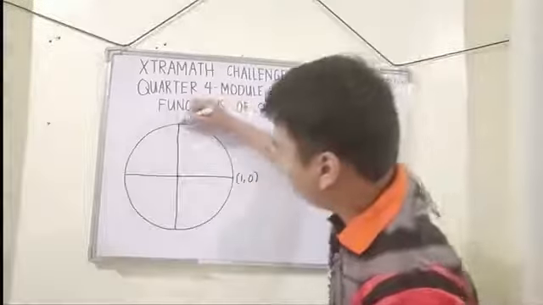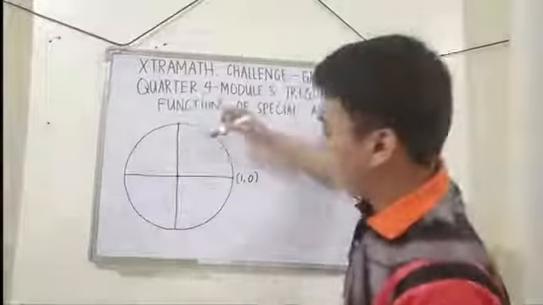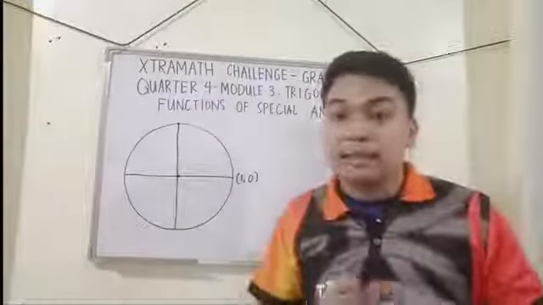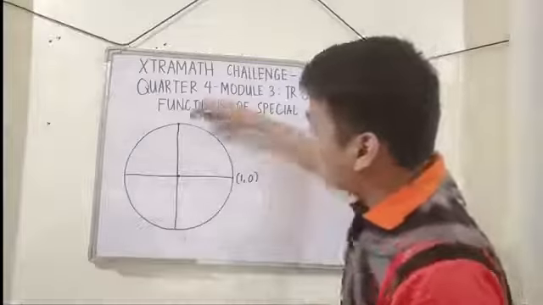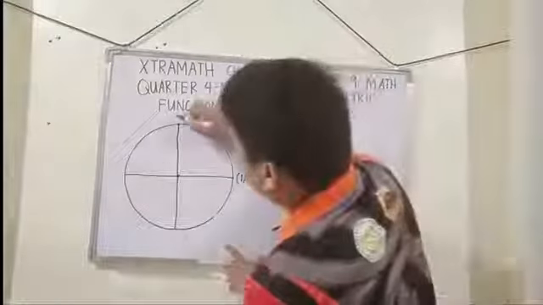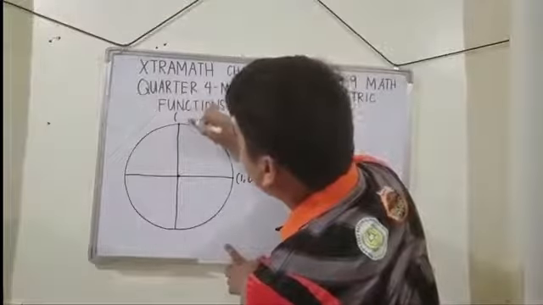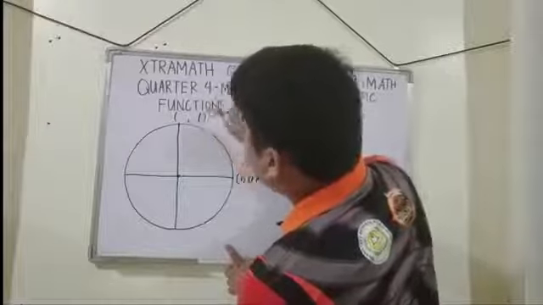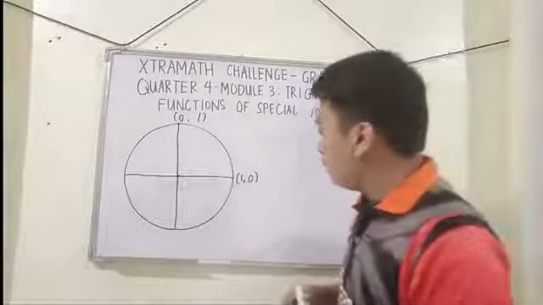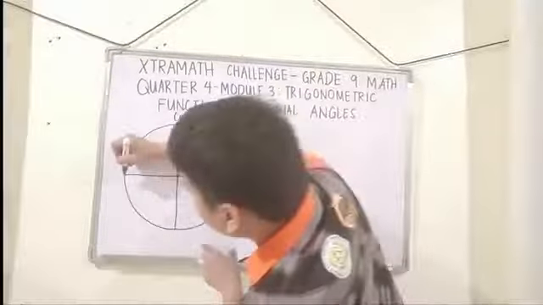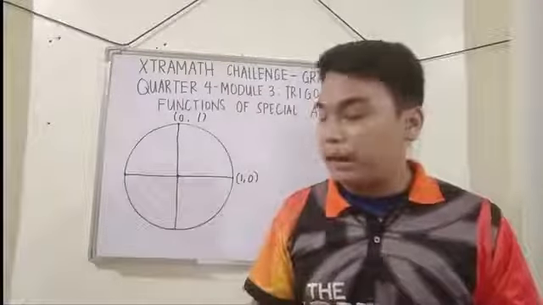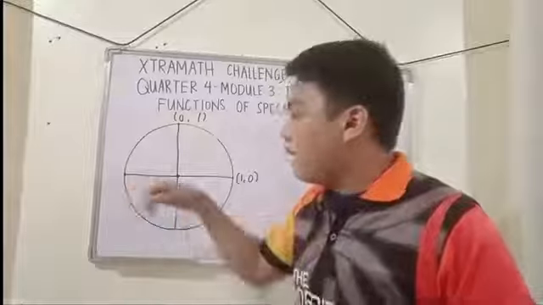How about this point? From the origin to this point, the distance is still equal to 1. But this time, this is the y-axis. That means the y-coordinate must be equal to 1, and the x-coordinate is equal to 0. For this next point, the distance between the origin and this point is equal to 1, but this is the negative x-axis.